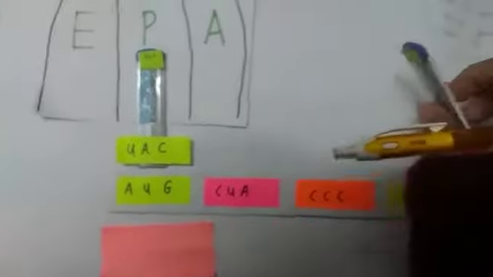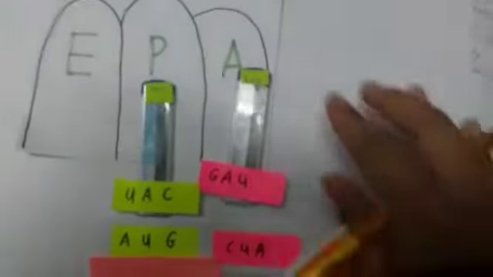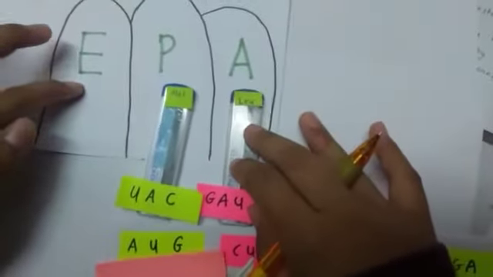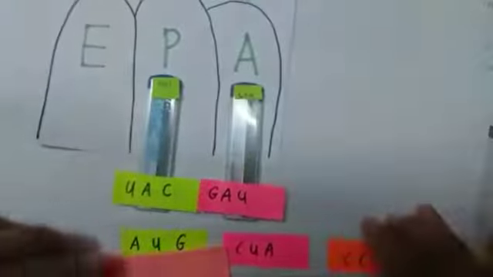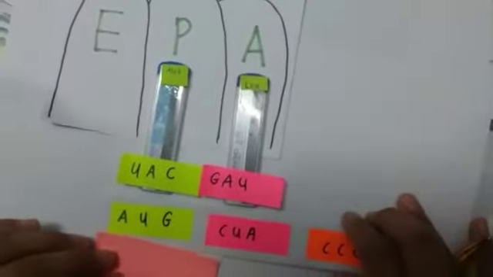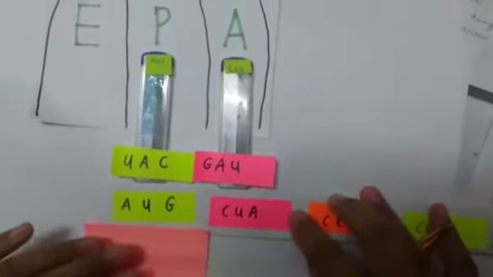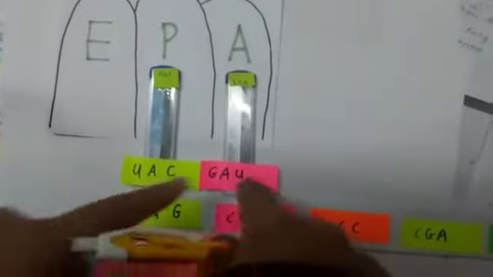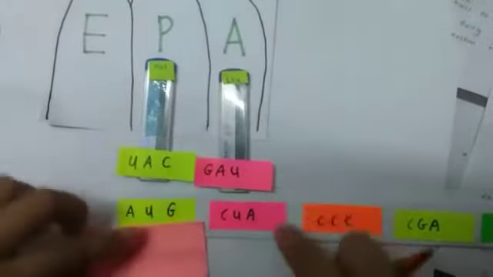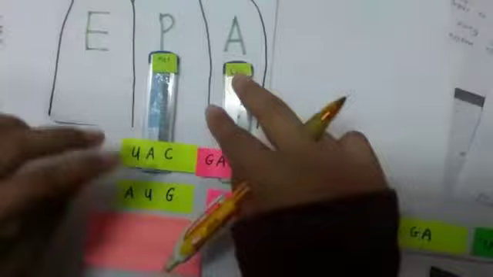The incoming aminoacyl tRNA will enter the A site of the ribosome, where the anticodon on the tRNA must be complementary with the codon on mRNA. So GAU is complementary to CUA.